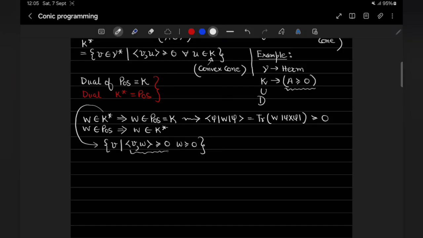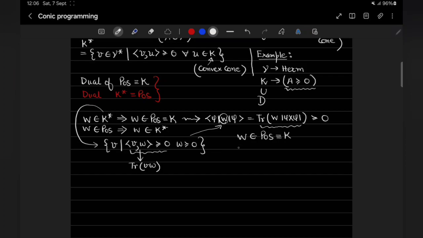Here the inner product is replaced by the Hilbert-Schmidt inner product, so it is trace of VW, which is greater than or equal to 0. So this means W belongs to POS, which is equal to K, as defined in our example.